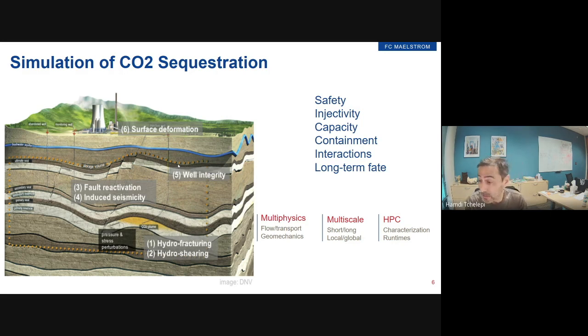With CO2 sequestration, the intent, the plan, is to inject the CO2 deep enough into the subsurface so it does not interfere with water resources, potable water resources, and aquifers, but more importantly, deep enough so that the CO2 is in what we refer to as a supercritical state.